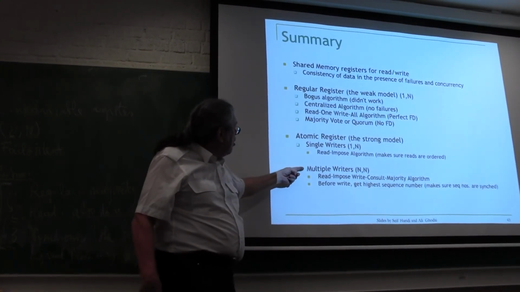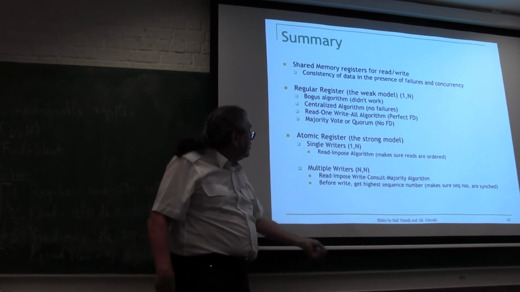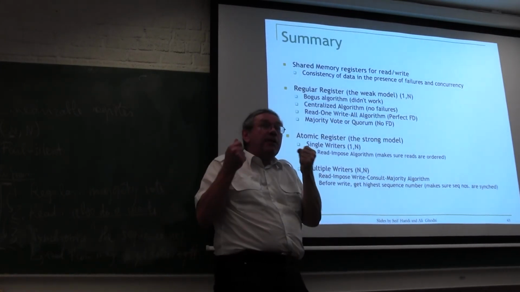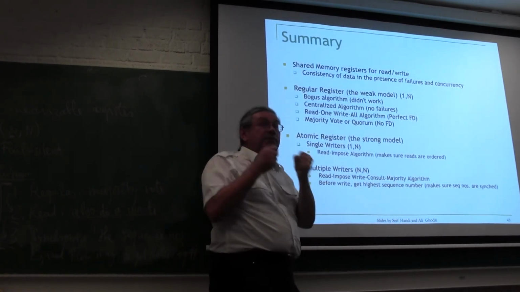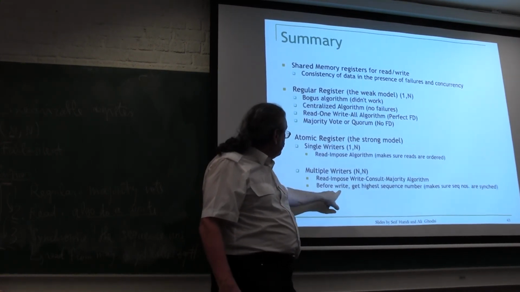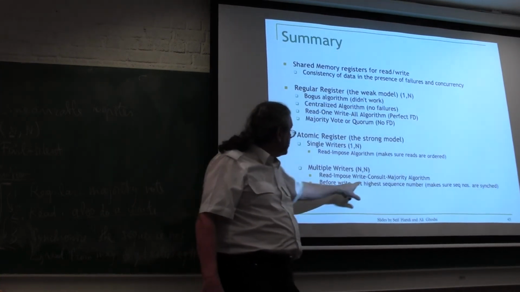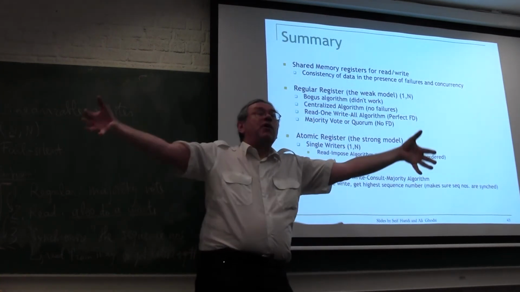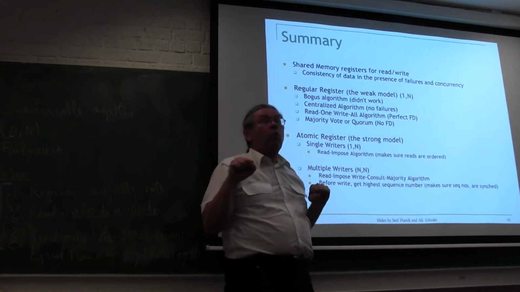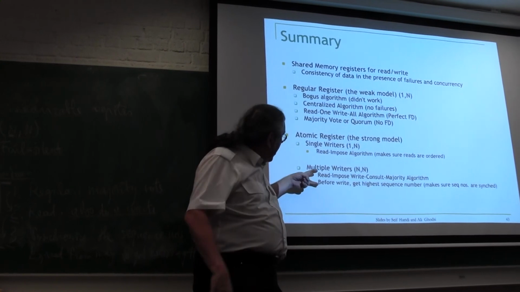If you want to do multiple writers, you have to add another thing. You have to make sure that the writer has the most recent sequence number. So before you write, you have to get the highest sequence number. And again, you consult a majority. You ask the majority, and you know that one of them will know the highest sequence number. And then you have some small tricks.